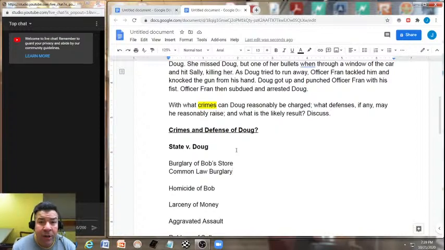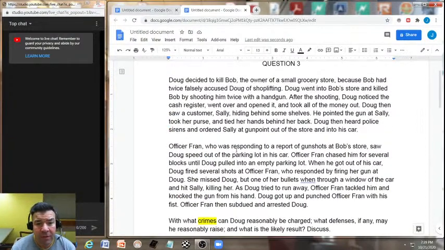It's the breaking and entering of the dwelling house of another at night with the intent to commit a felony therein. Well, we have some missing elements here. The store, a small grocery store, is not a dwelling house. And it doesn't indicate the time of day, so the at night aspect might be missing as well.